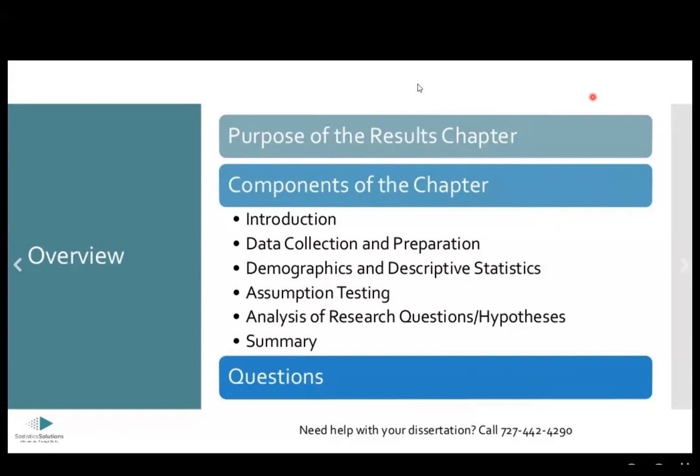But at the same time, if you're using an instrument that's been used before, like a self-efficacy scale, or some of those more commonly used instruments, they will also have information about the reliability of those instruments in papers that have been published using them before.